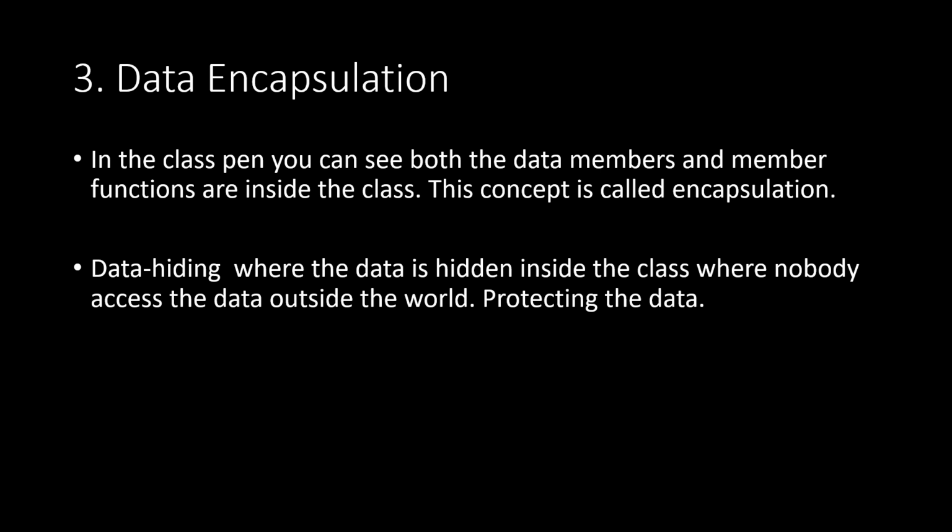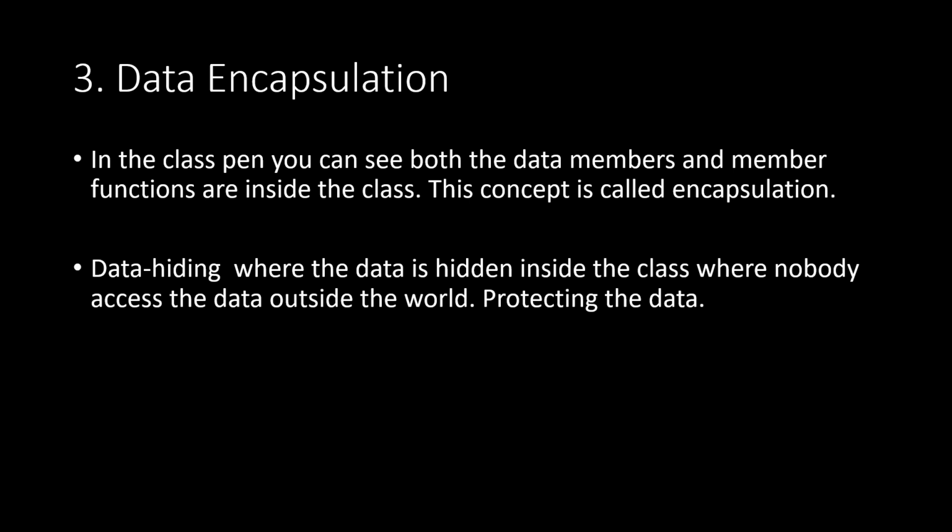So we can define the data scope by using the private or public keyword. The data cannot be accessed outside the class because it is private. If you declare it as private, you cannot access the data from outside. So that is called data protection or data hiding.